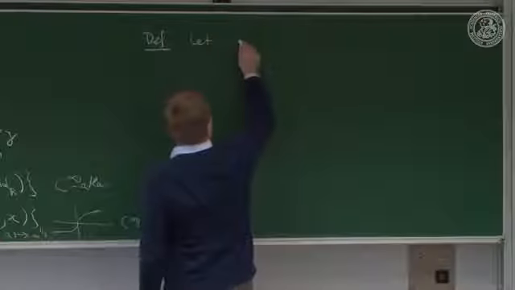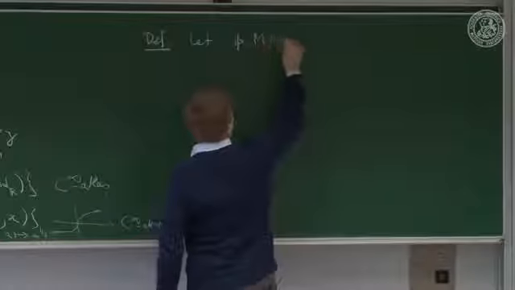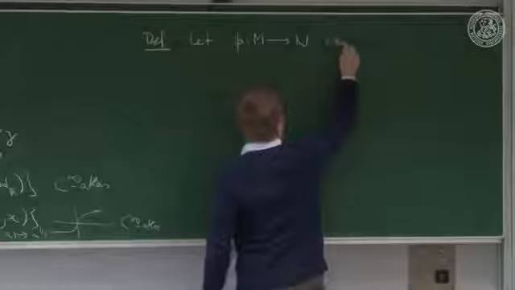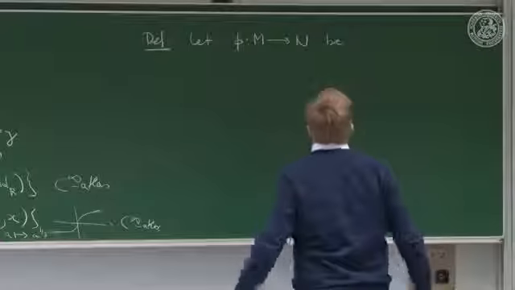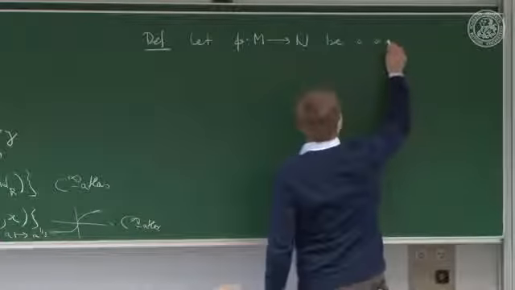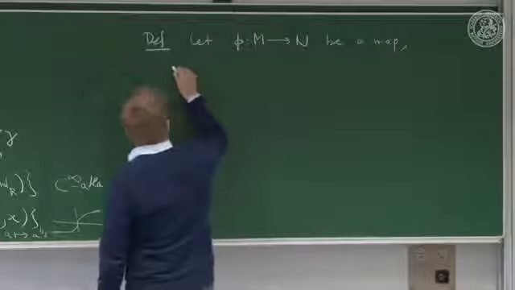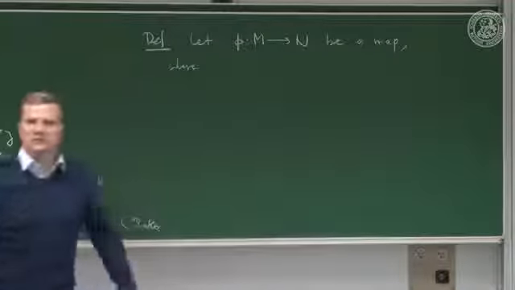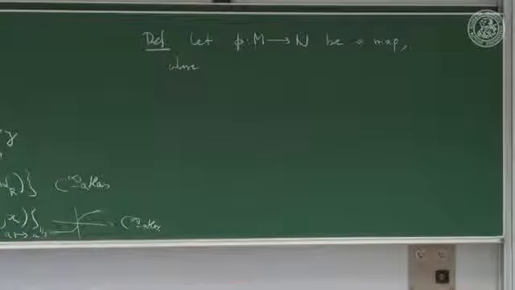Let phi from M to N be a map. Where, well, M and N suffice to be sets in order to have a map.